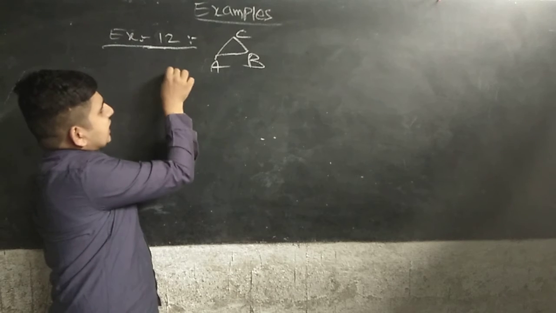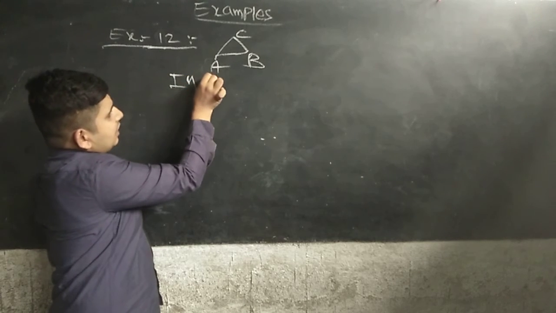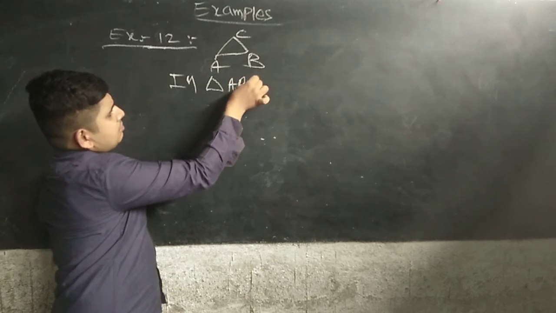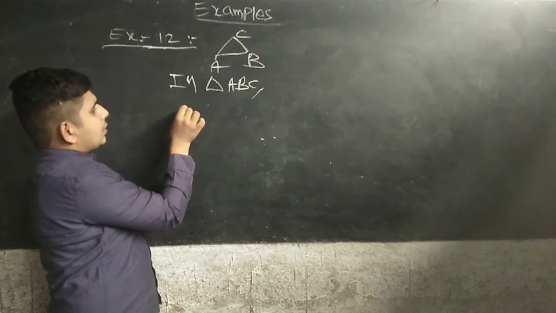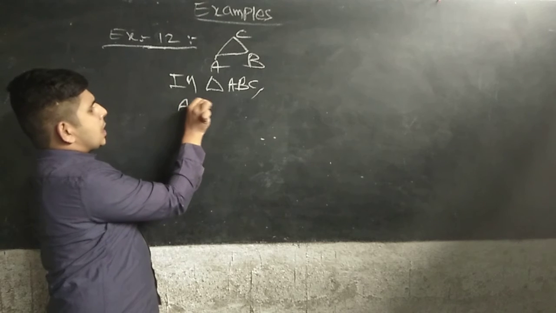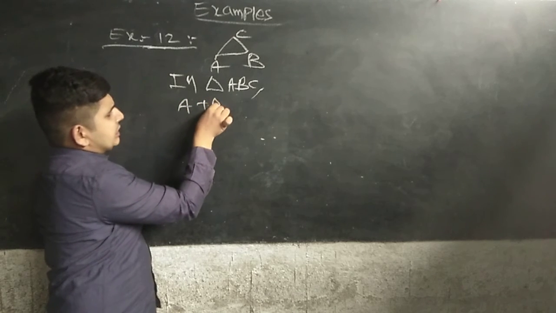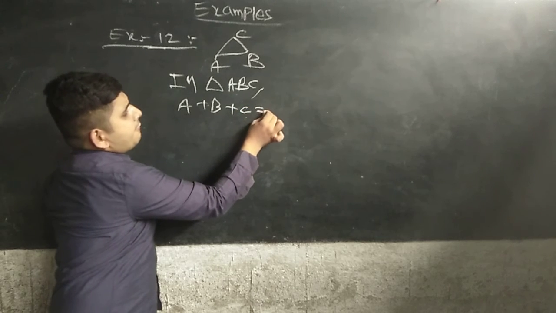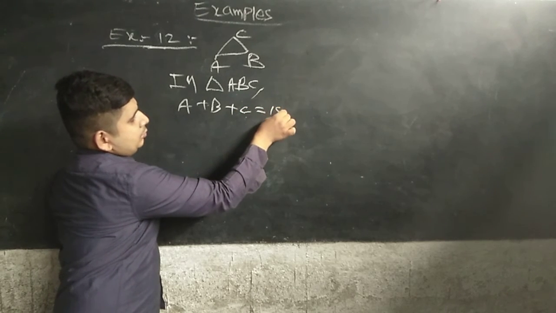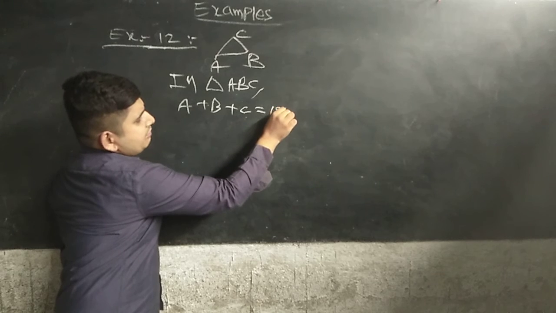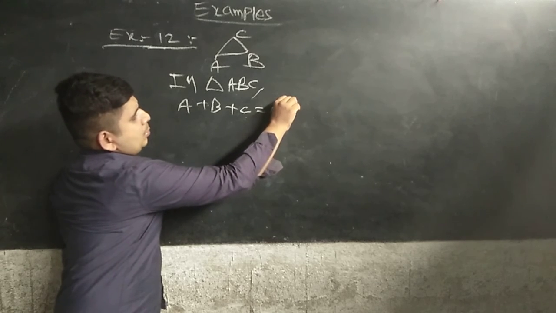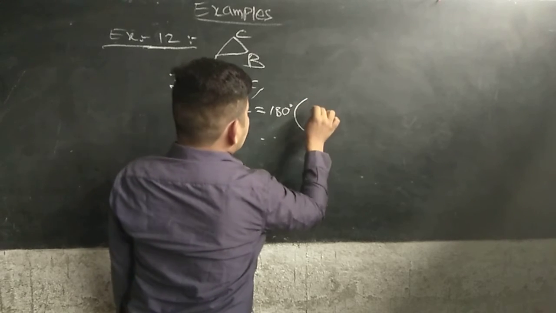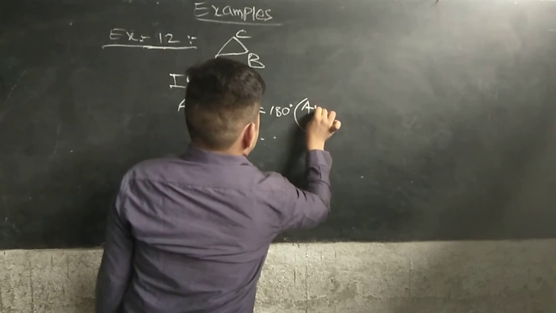In triangle ABC, angle A plus angle B plus angle C equals 180 degrees. That is the angle sum property of a triangle.